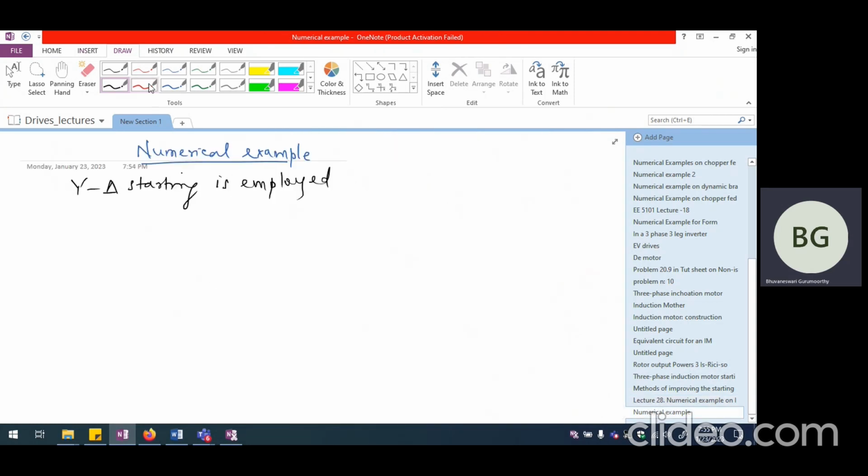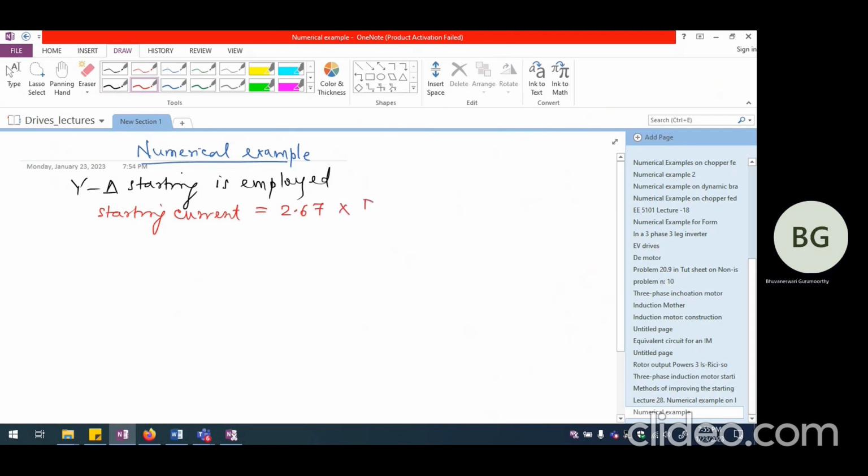Here what is given is the starting current, which is 2.67 times I full load or I rated. And similarly, the starting torque during the star-delta starting method happens to be 0.8 times T full load. This is what is given as the data.